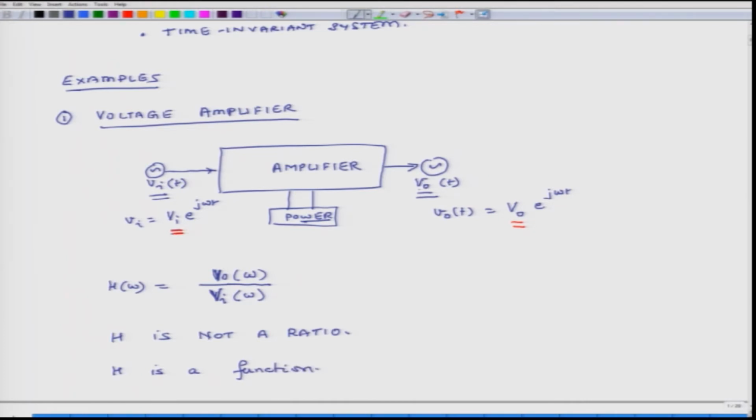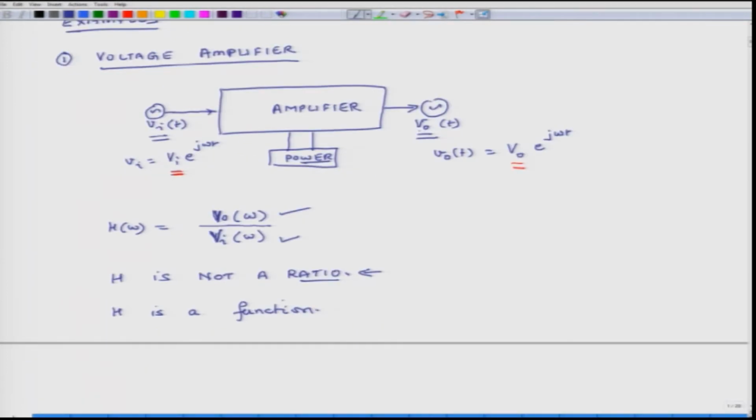H is a function which can change with omega. So, it is a function and it is known as the transfer function. This is important to understand. A lot of times, by error, we say that it is the ratio between input and output, but no, the numerator is a function, the denominator is a function. So, it is a function of two other functions.